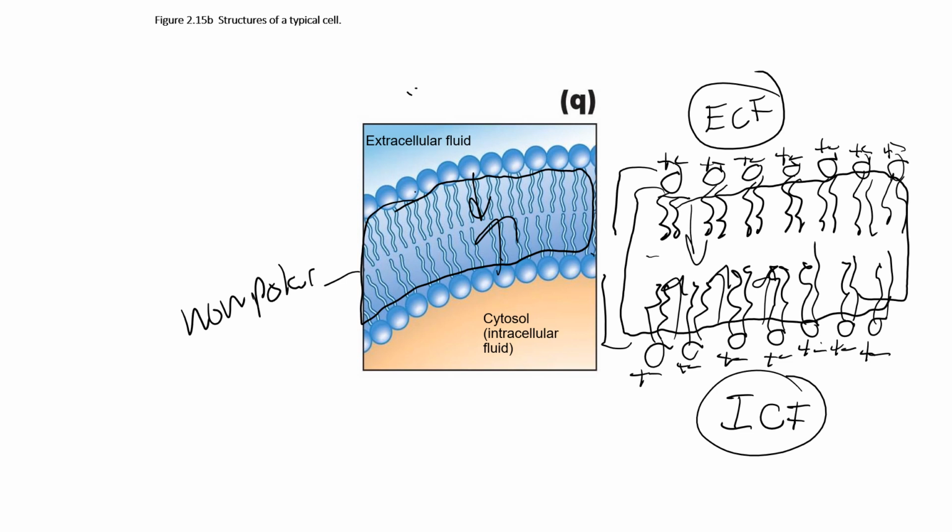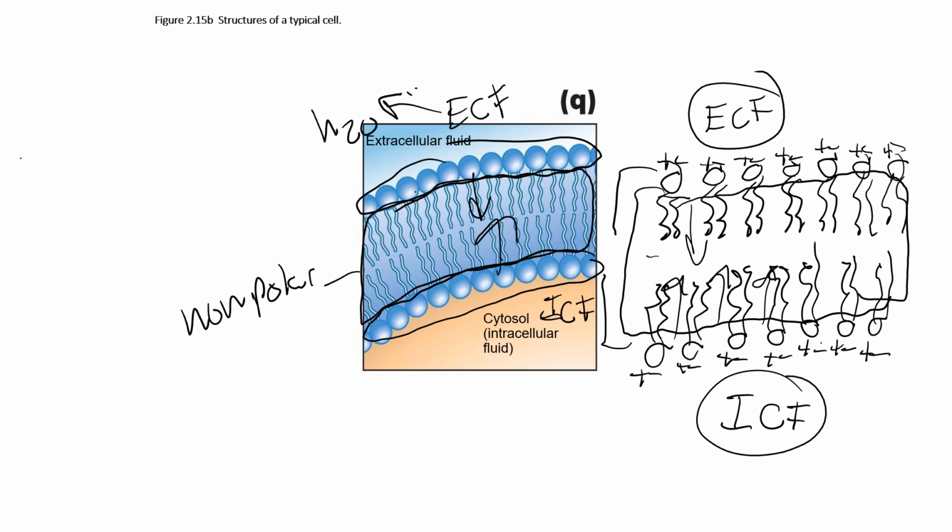And then, why do the phosphate heads within the inner layer face the ICF, the intracellular fluid? And why do the phosphate heads within the outer layer face the extracellular fluid, also called the interstitial fluid? We can differentiate between extracellular fluid and interstitial fluid later on in the class. Why would it be organized this way? Well, because the extracellular fluid is mostly made up of water.